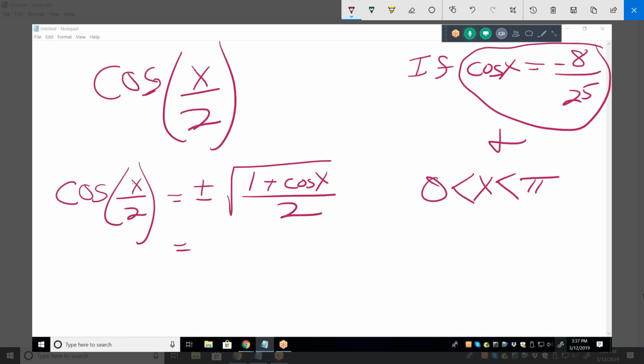And then we will investigate what this plus or minus means. For the moment, we'll leave that in there. What should I put next? What goes for the cosine of x?